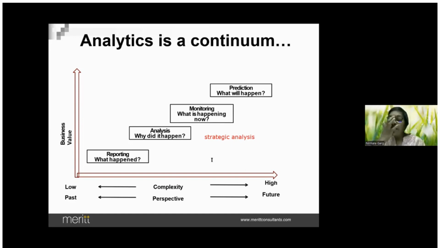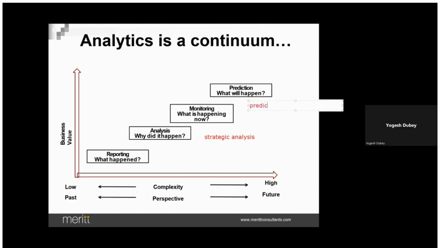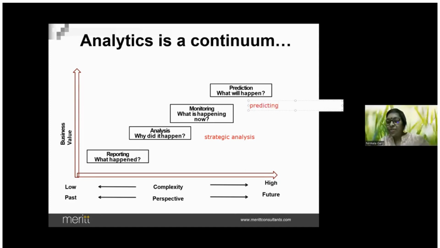Got it? When we go higher, this is actually called predictive analytics and prescription. What are we doing in predictive analytics and prescription? Anybody? Suppose, ma'am, we currently have 1,000 staff members.